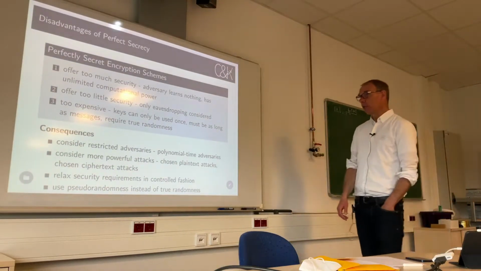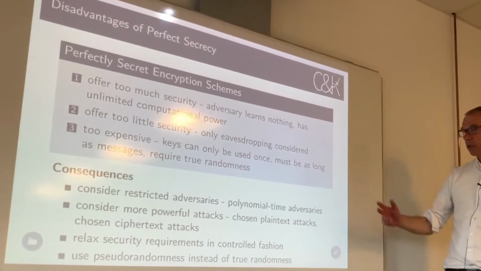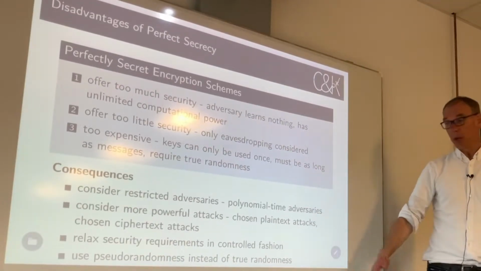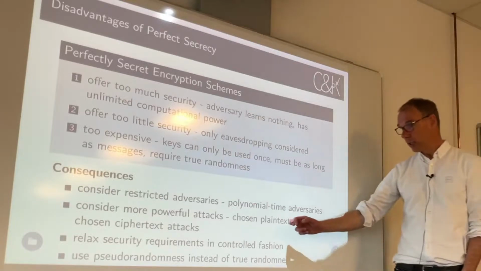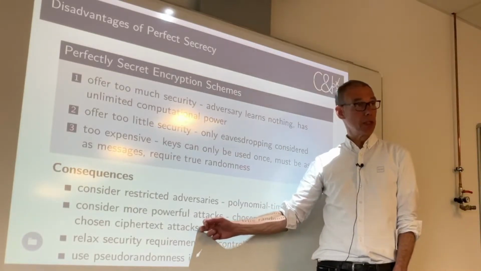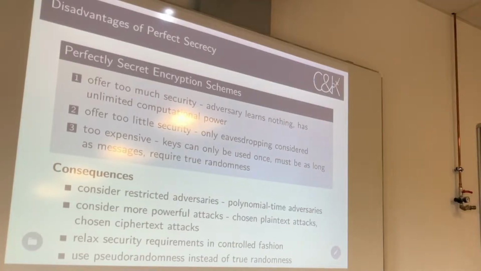So the consequences are we consider restricted adversaries, polynomial time adversaries. We consider more powerful attacks, not just eavesdropping. That will be chosen plaintext attacks and later on chosen ciphertext attacks. These are considered to be the ultimate goal that we want to achieve. We relax our security requirements in controlled fashions.